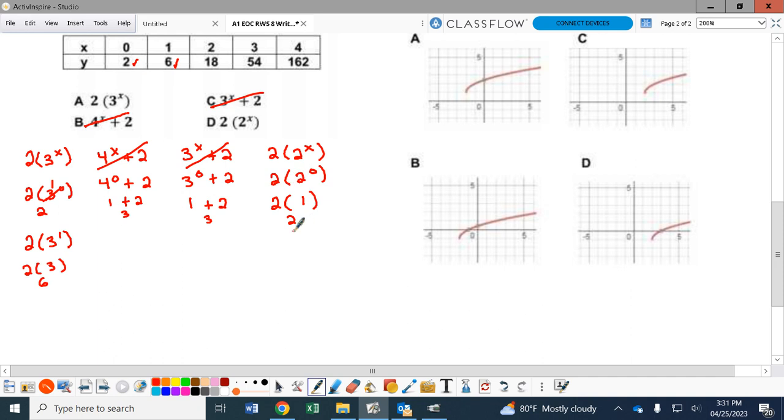This one over here, it's going to be 2 times 2 to the 1, which is going to be 2 times 2, which is going to be 4. That one doesn't work, guys. We've eliminated it. So that one is out. That doesn't equal 6.